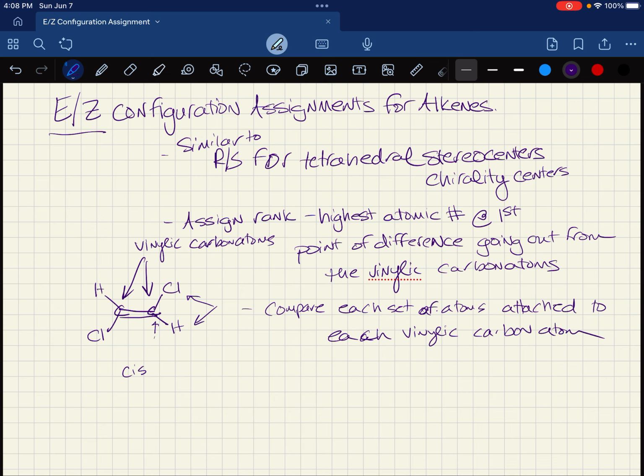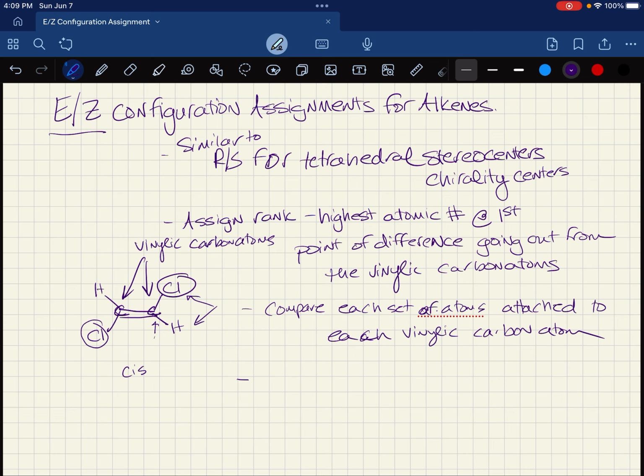Here, chlorine versus hydrogen. Chlorine has the higher atomic number. So we're just going to circle whichever one has the higher atomic number when we are comparing with the vinylic carbon atom. Then we look at the vinylic carbon atom on the left, and it has a chlorine and a hydrogen also attached. So chlorine is the higher atomic number there.